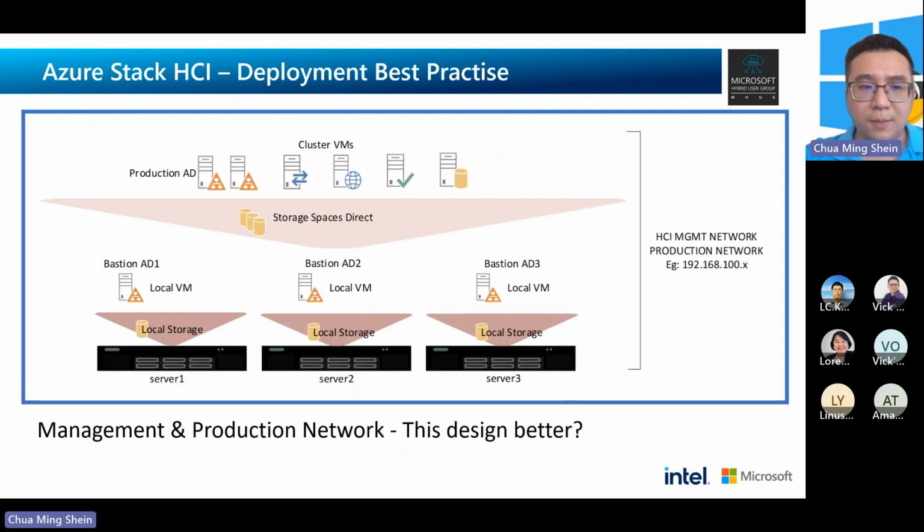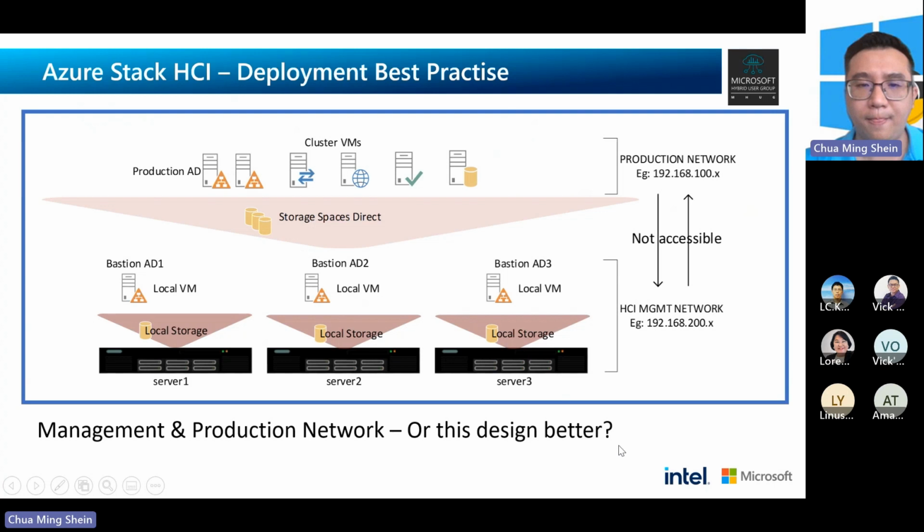So the next is about the management and the production network. A lot of times people deploy Hyper-V, and especially they like to use a single segment for all the production and the Hyper-V network. For example, this one: you have the production VMs running and the HCI or Hyper-V hosts joined to the same network segment.